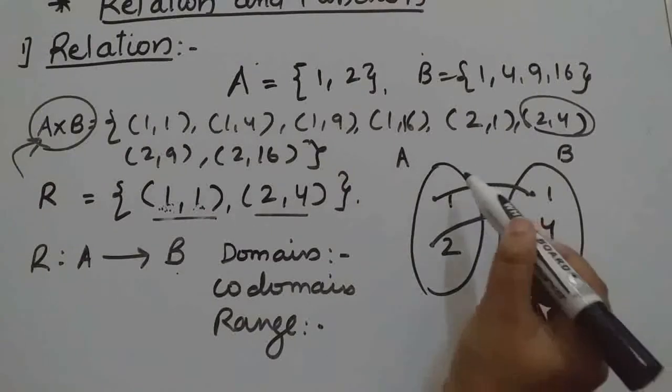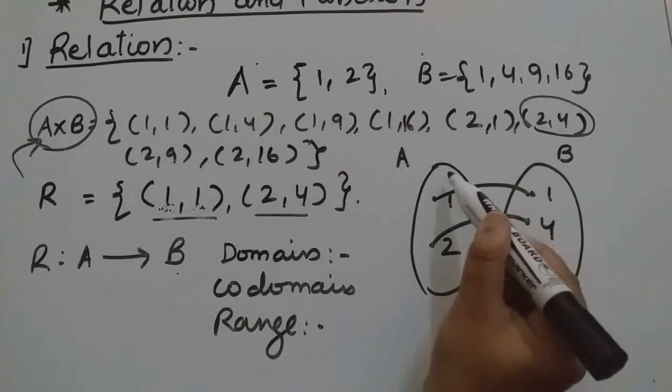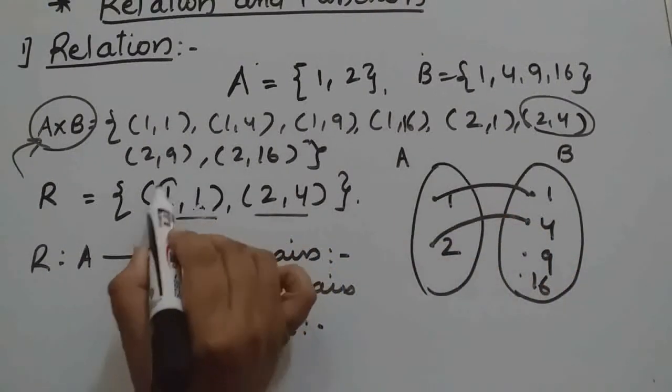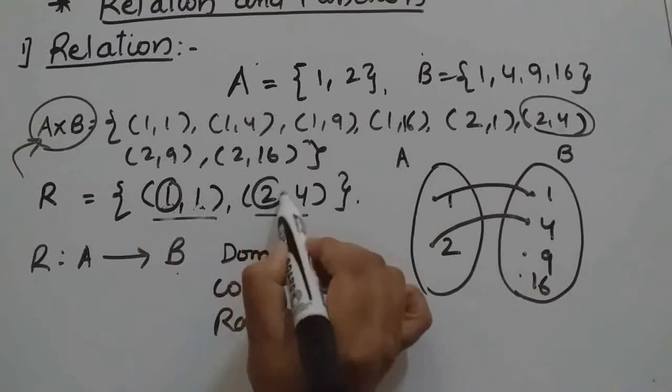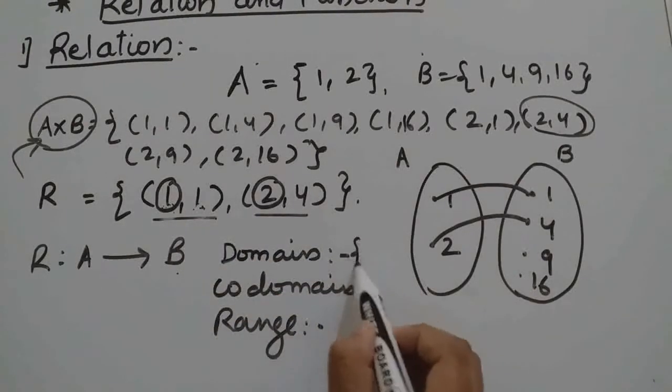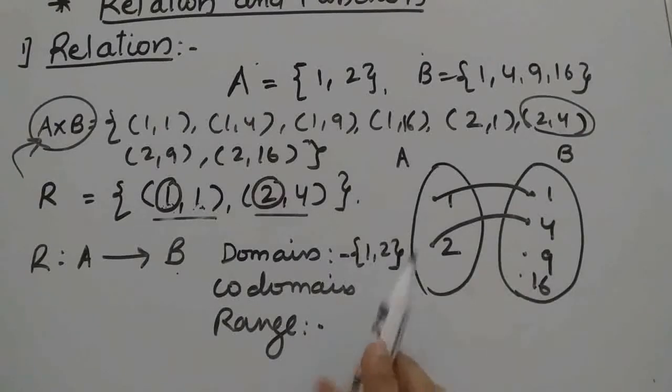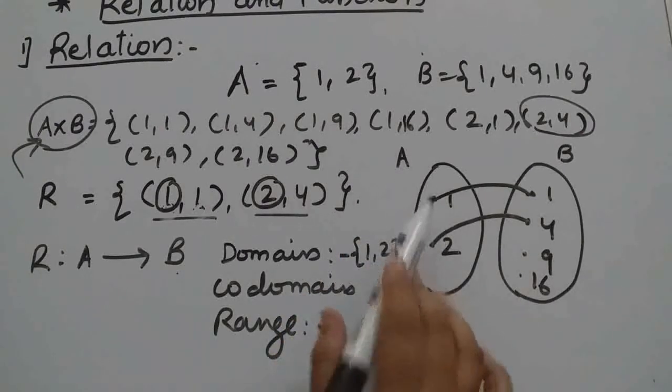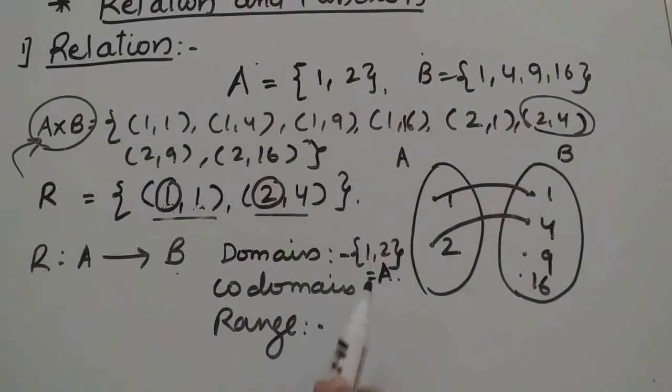See, the set of all the first elements in R will make the domain, that is 1 comma 2. So in this particular example, set A is 1 comma 2, so A is the domain. What is domain?